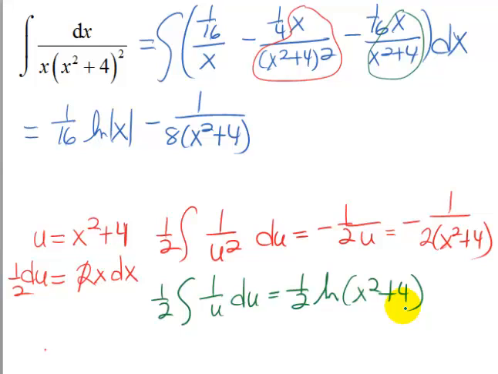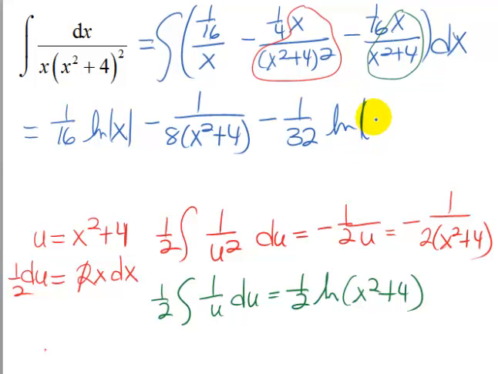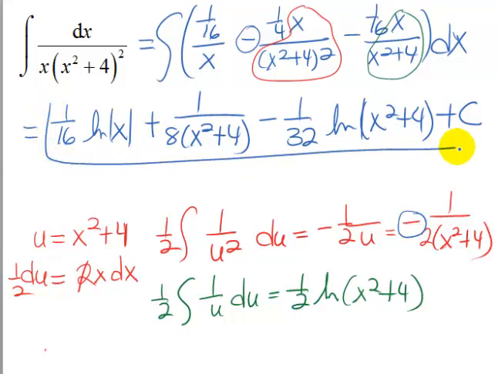Now as we put that in, we still had the negative 1/16, so that's going to be negative 1/32 natural log of x squared plus 4 plus a constant. And I see one mistake here. This was a negative, and this was a negative, so this should be a positive. There we go.